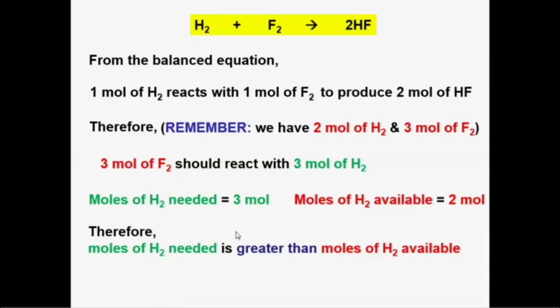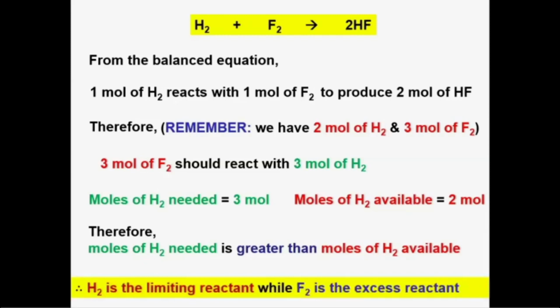Once the reaction occurs, hydrogen will be completely consumed first, while fluorine will become the excess reactant. So same as just now, hydrogen is the limiting reactant while fluorine is the excess reactant.